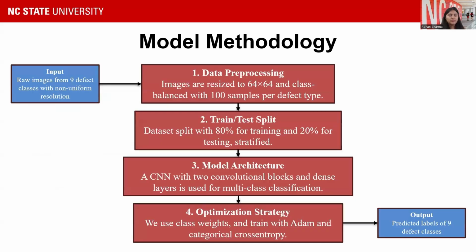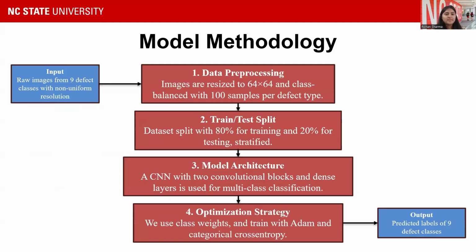Coming to our methodology, our inputs are the raw images from the 9 defect classes, which have non-uniform resolution. This goes to the data preprocessing stage. Here, our images are resized to 64 by 64 pixel resolution, and they are balanced with 100 samples per defect type. Next, we have the train test split.